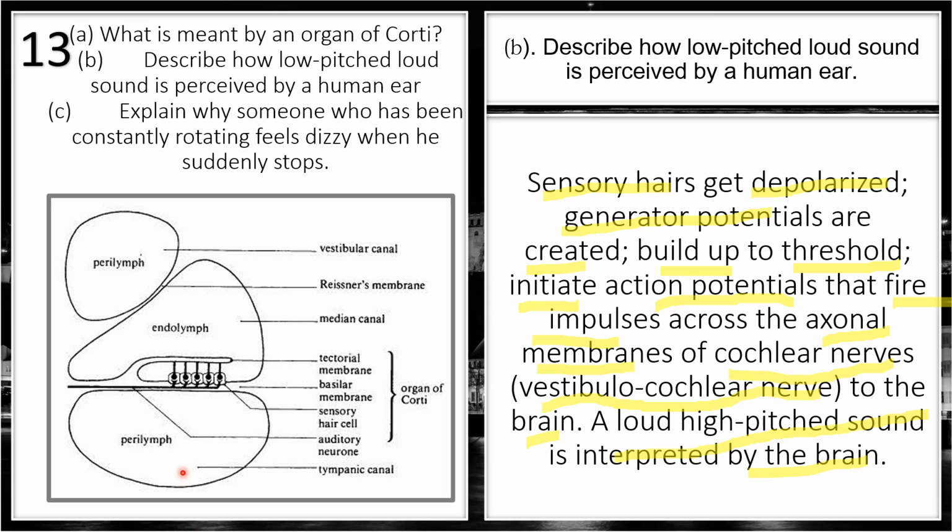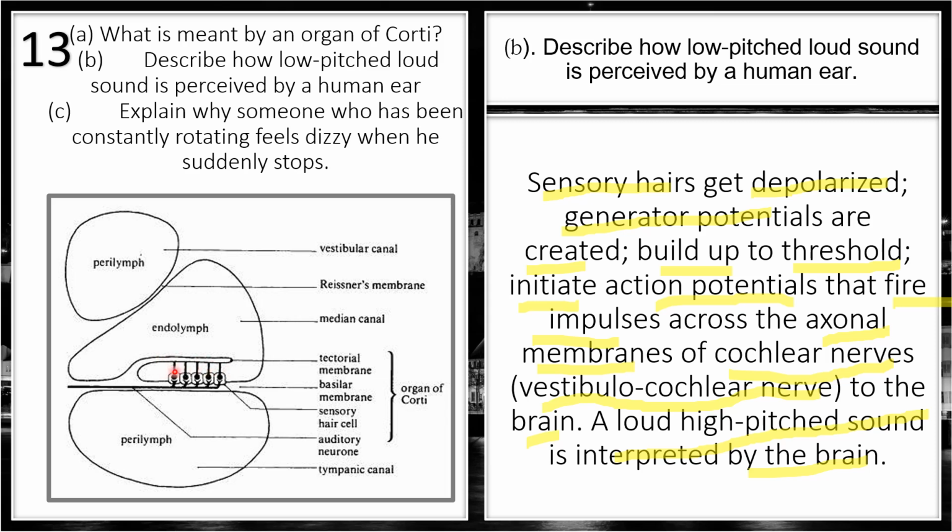Now, because of this vibration, which goes to the basilar membrane, and we know that in the basilar membrane we have very many sensory cells with sensory hairs, when it vibrates, it causes them to shear or to push into the tectorial membrane.